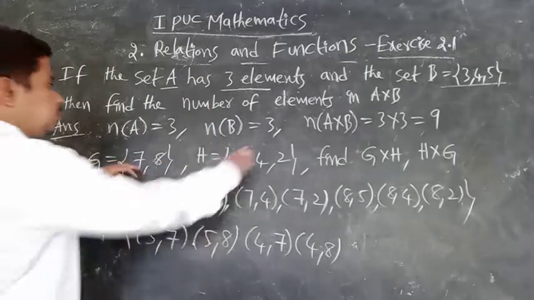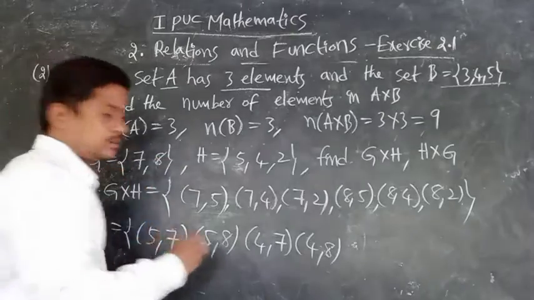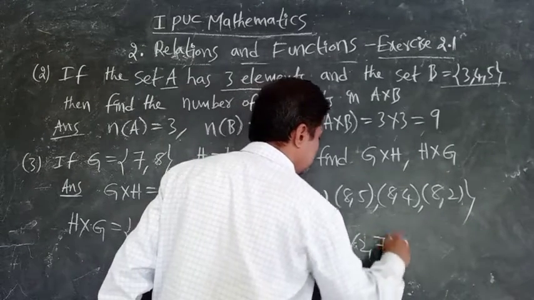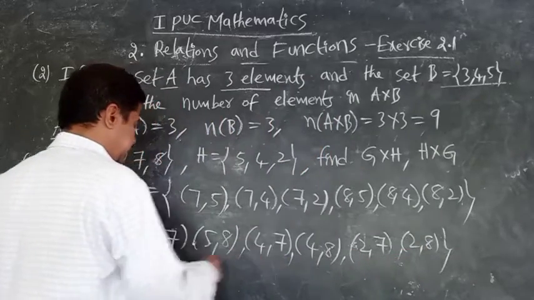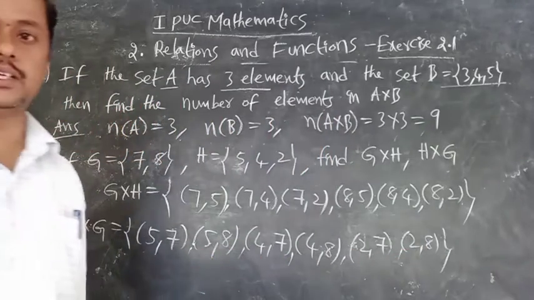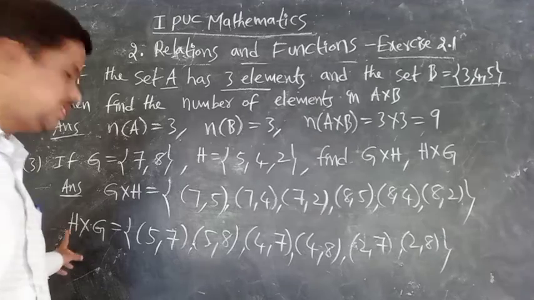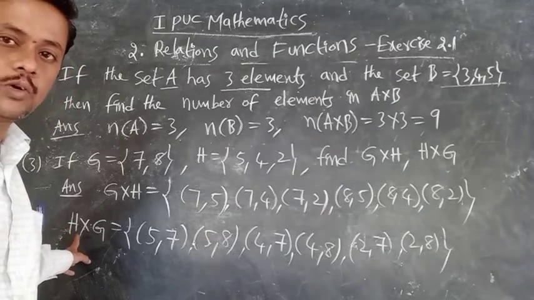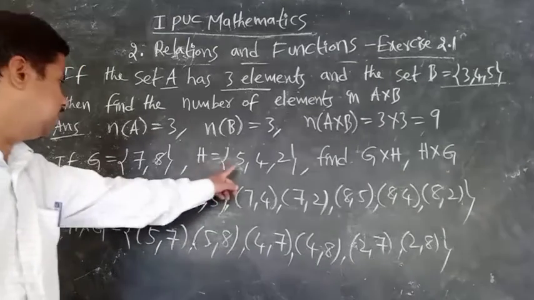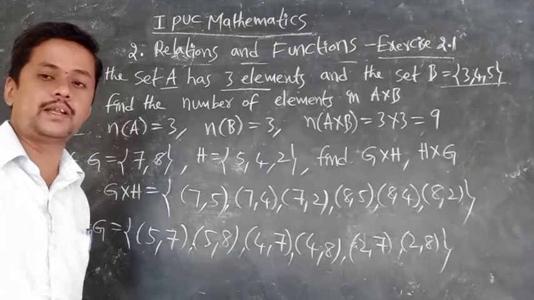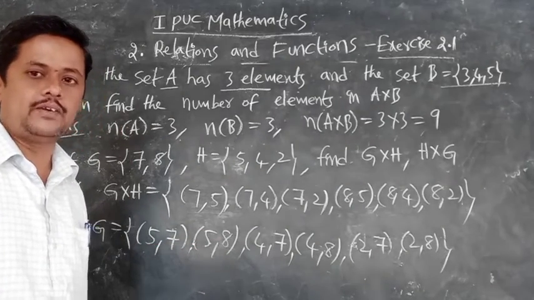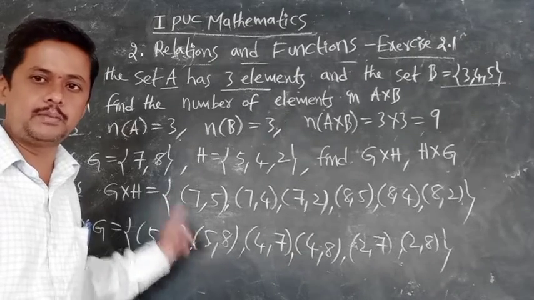Next 2: 2, 7; 2, 8. Very easy. So like that we have to simplify. First you have to understand which is the first set, then take that one with the second one and make pairs. Number of pairs you have to write. Very easy concepts. Please learn the concepts.